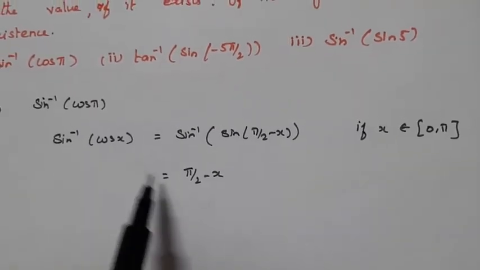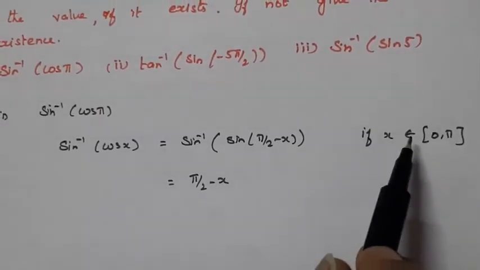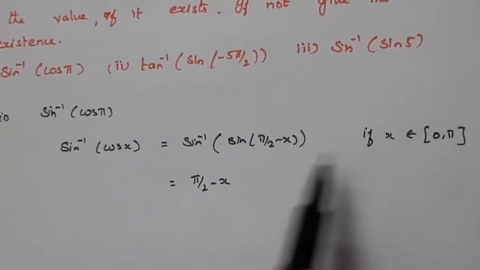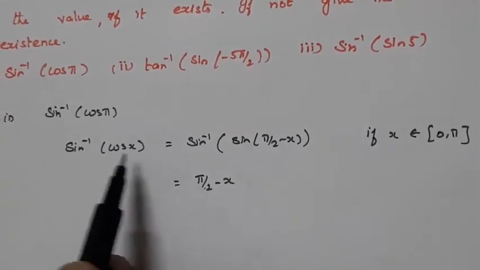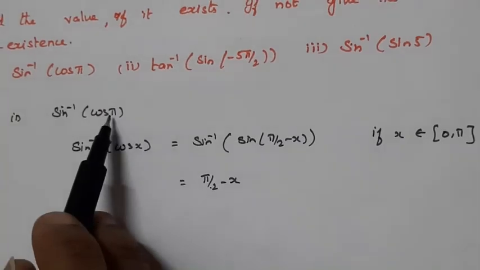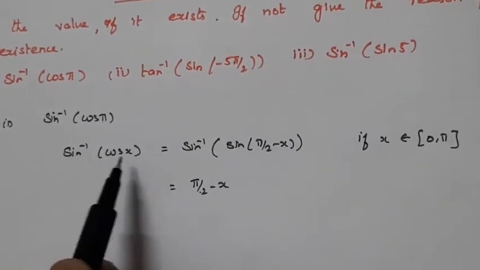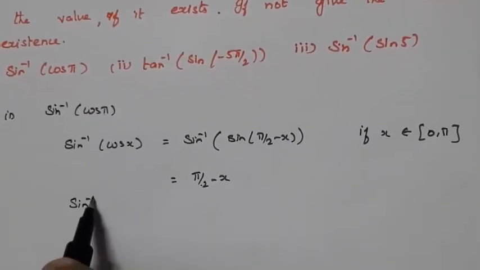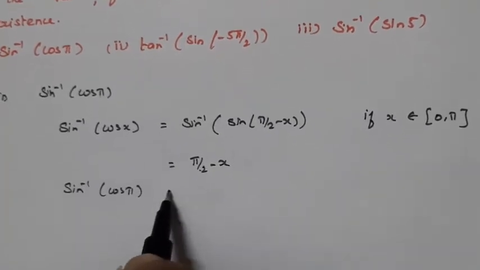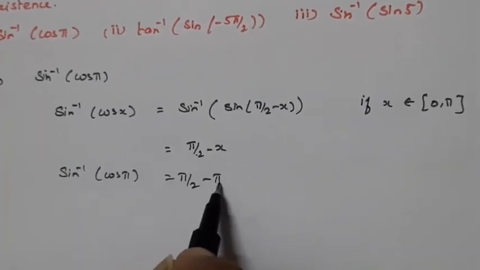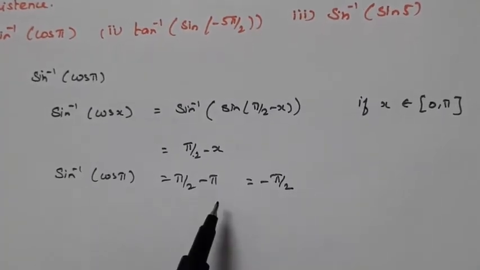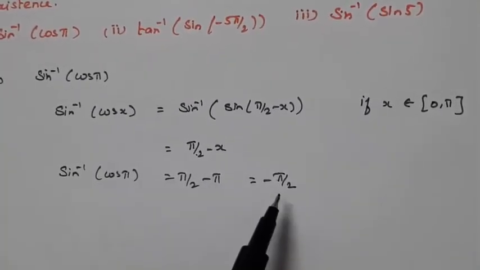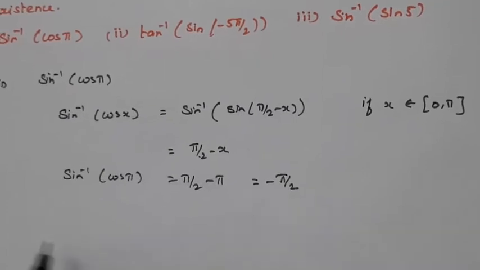Sine inverse of cos x is equal to pi by 2 minus x if x belongs to the closed interval 0 to pi. So this is the way we have obtained the formula there. So as pi belongs to this closed interval, we can apply this formula. So sine inverse of cos pi is equal to pi by 2 minus pi, that is equal to minus pi by 2. So here the value exists, right? And what is the value? That is equal to minus pi by 2.